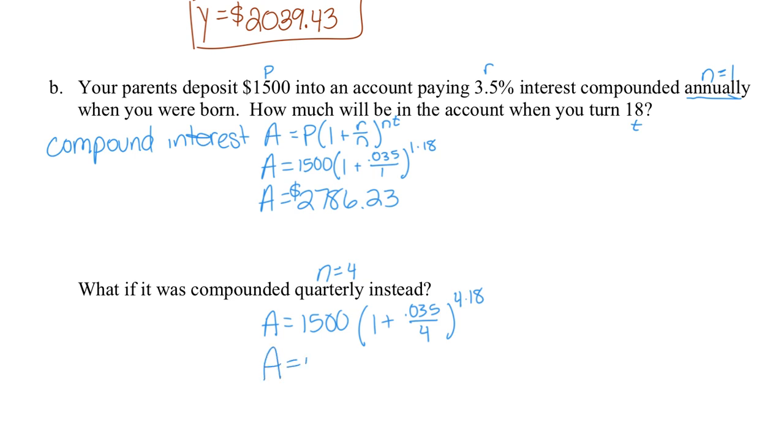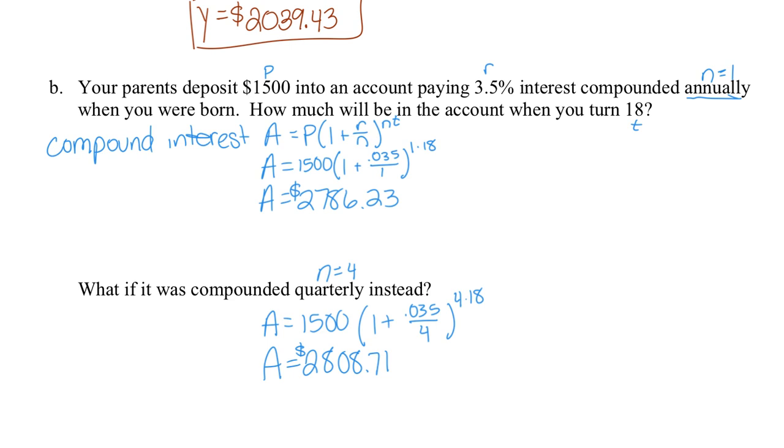So A equals $2,808.71. In general, for savings, you get more money if you compound more frequently. For loans and things, you want to compound less so that you have to pay less. So interest can kind of work both ways.